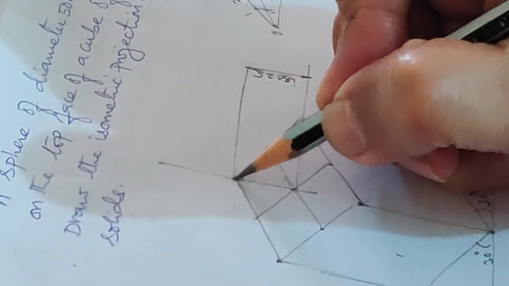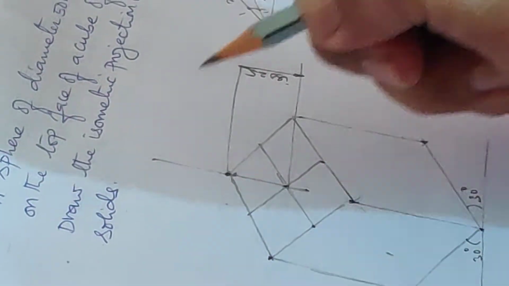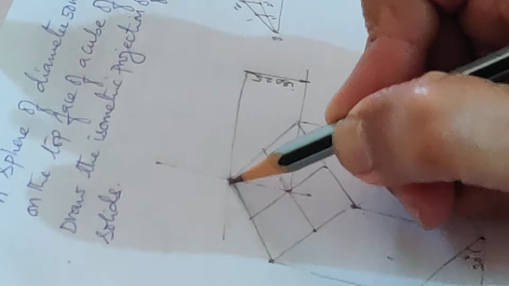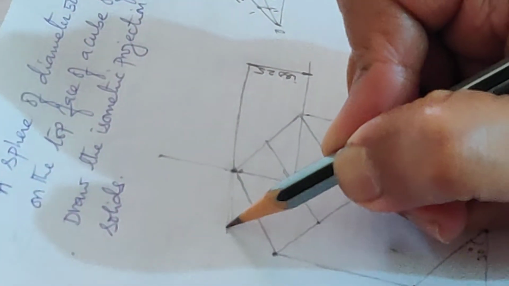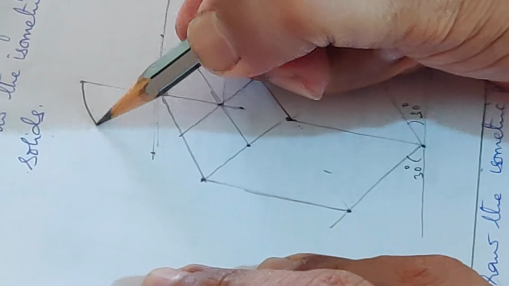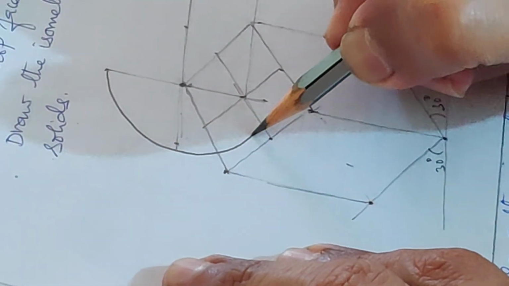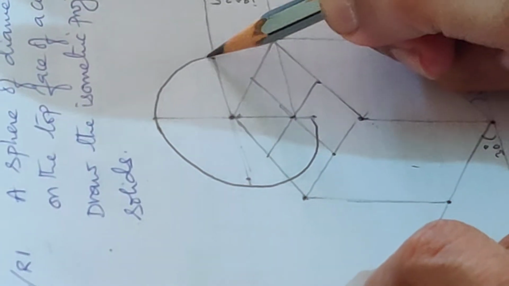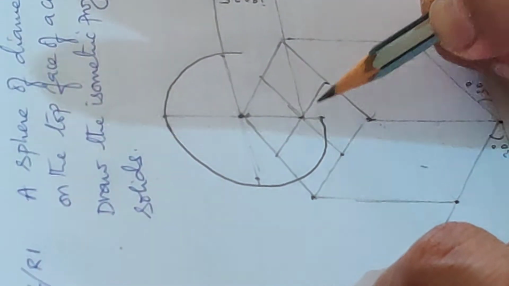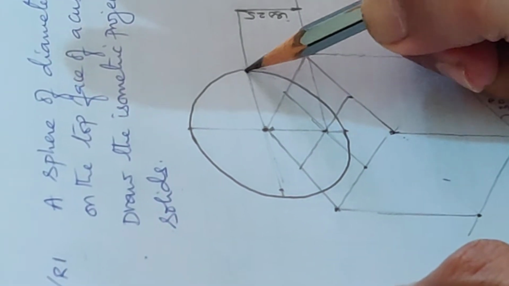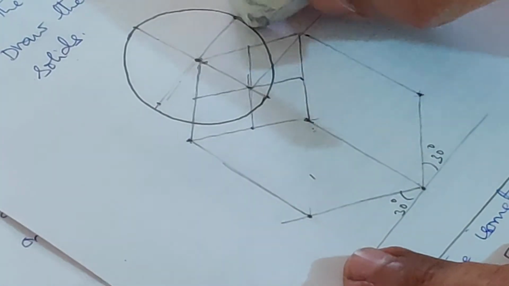You draw just a circle. This will appear like a sphere.